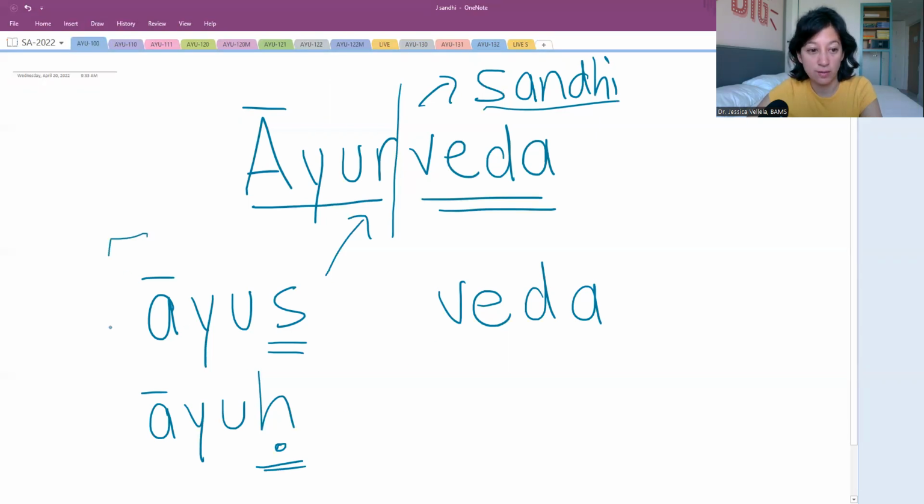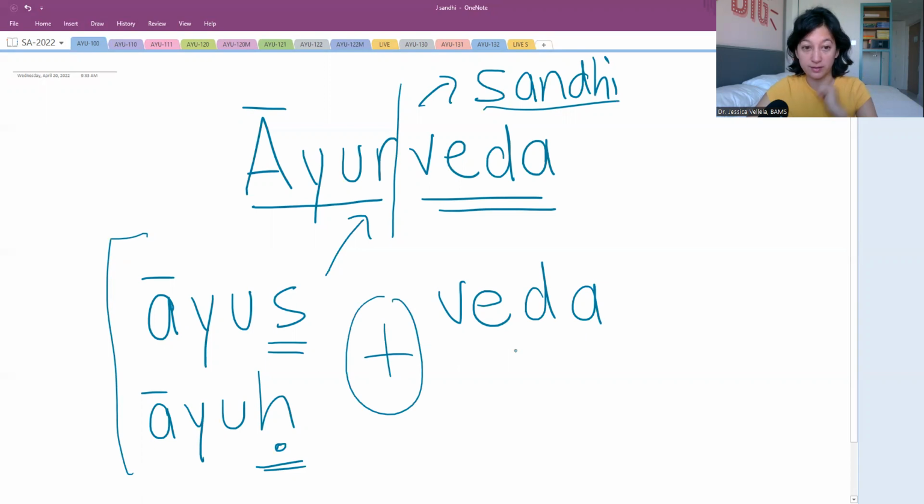Notice that these two are much more cumbersome to pronounce if we were to add them together with Veda directly. So that's the whole concept behind sandhi. It is to make this pronunciation as smooth as possible.